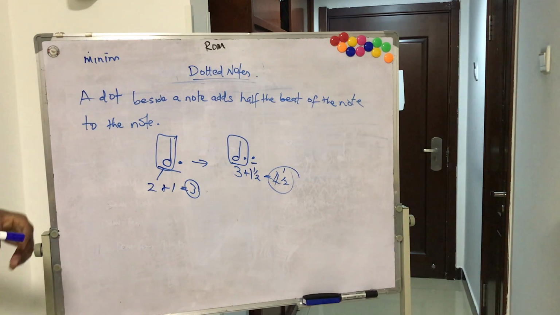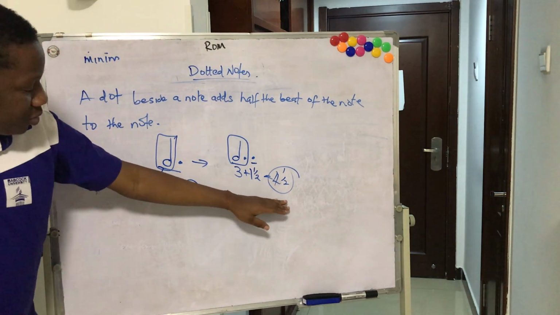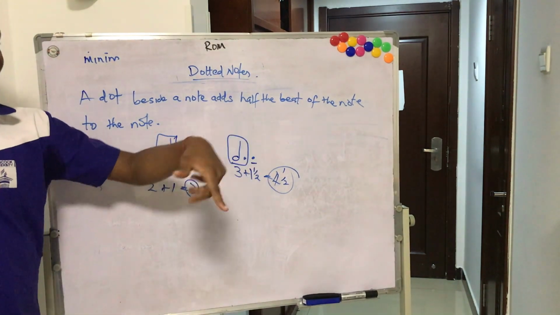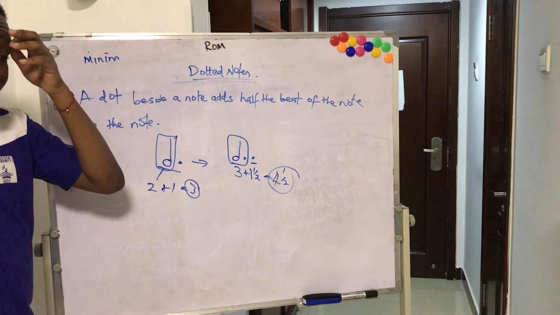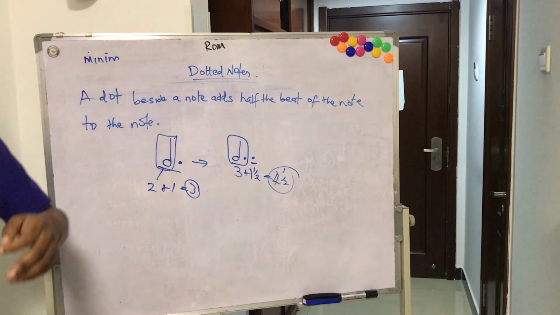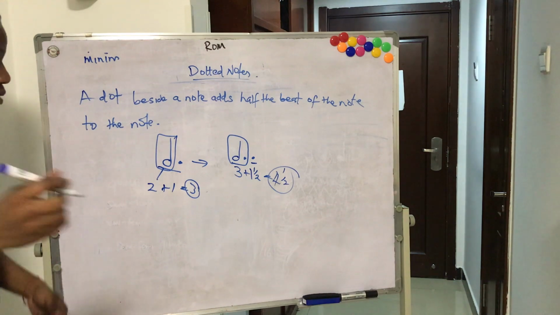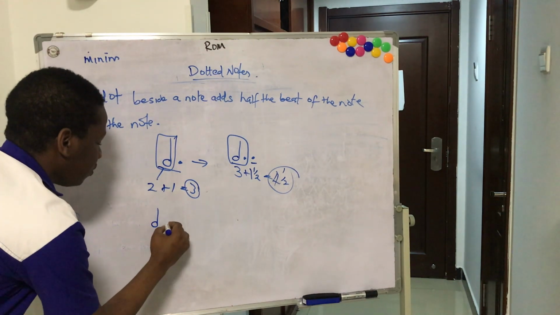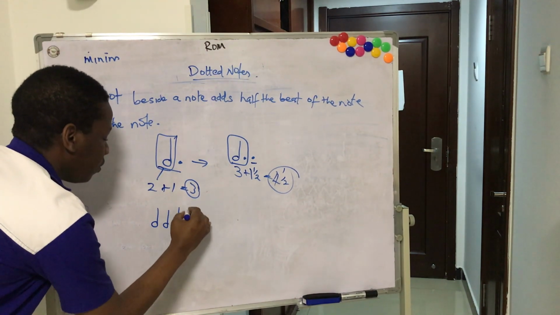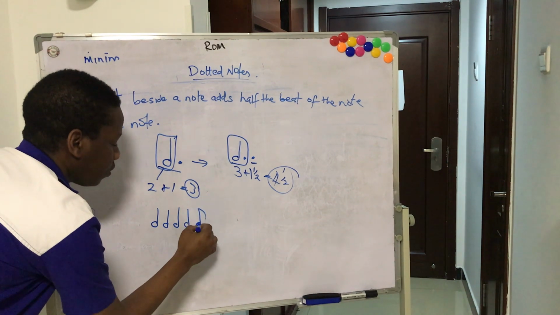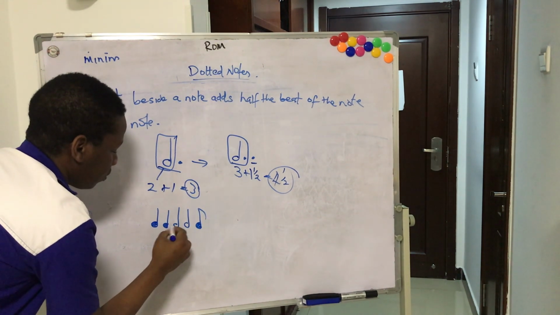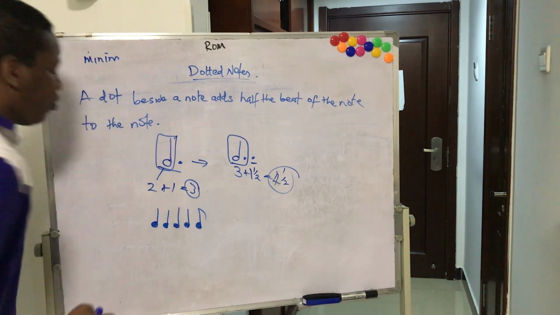You want to achieve 4.5 beats. That's the one we sang: do do do do, do do do do do. This is 4.5 beats.